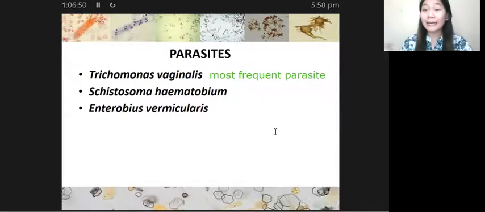Perfect! Urine and vaginal secretions are used. We do not make use of feces or stool sample to determine the presence of Trichomonas vaginalis. We use urine or vaginal secretion.